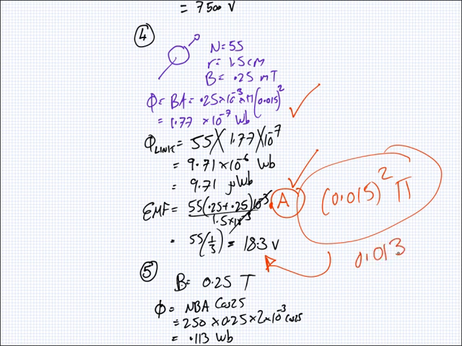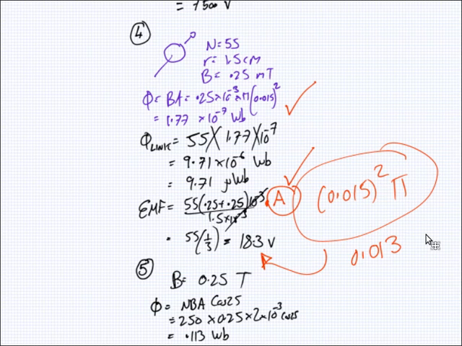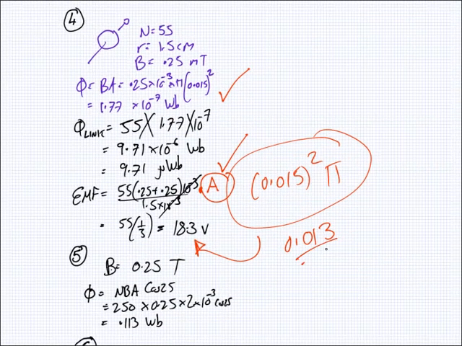The mark scheme didn't add the 0.25 either. So I think it's wrong. They made a mistake and I made a mistake. Both our answers are wrong. That's fantastic. But we think the right answer is this now. 0.013 volts.